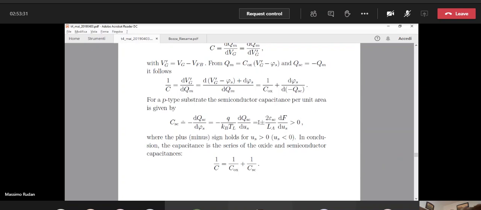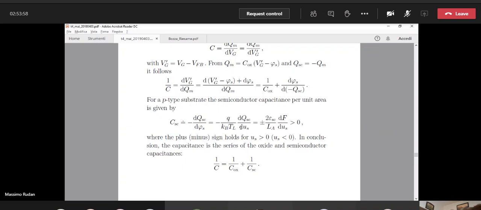Which is reasonable because if you, for instance, increase US, okay, the charge becomes in the semiconductor more negative because when you increase US, you are attracting electrons, okay?